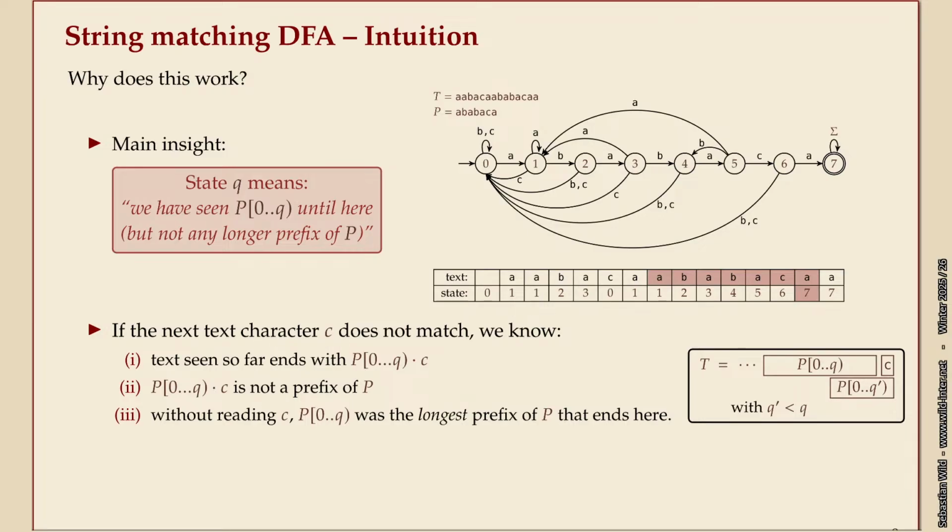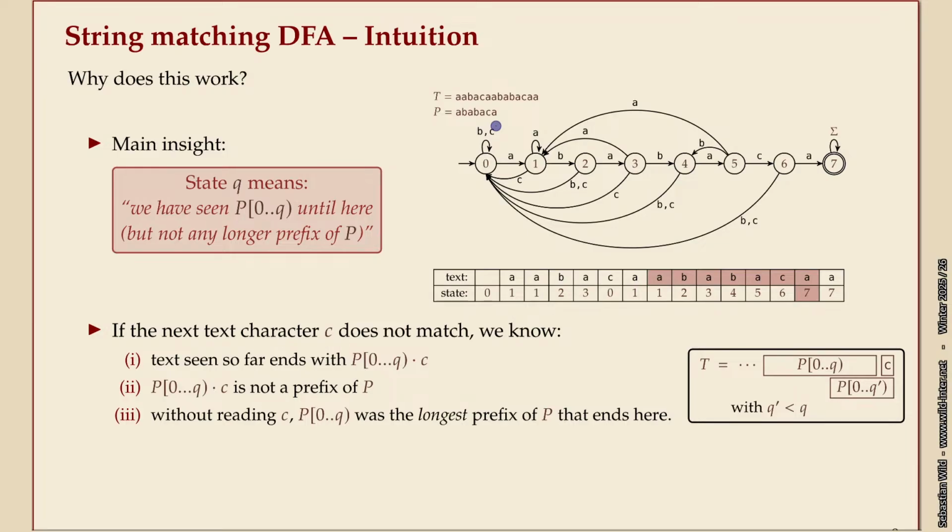Now, why would this even make sense that such an automaton can exist? Why do I not need to know the actual history of the text? Why can I build a single automaton just from the pattern and it works for any text without remembering the previous parts of the text? At first, this should give you pause if you've never thought about why this even works.